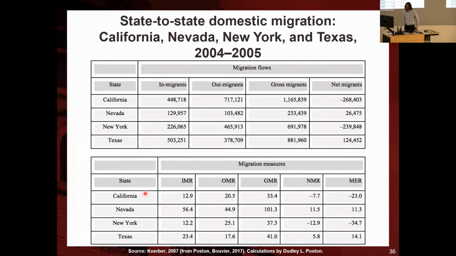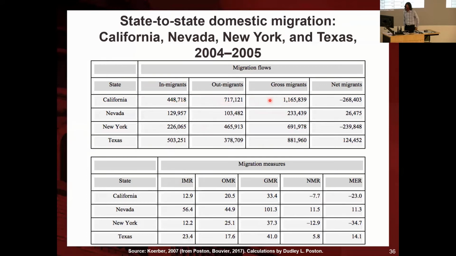So it used data from the 2005 ACS, and then got information about the state where the person lived exactly 1 year ago, in 2004. This is data for California, Nevada, New York, and Texas. This is the overall number of people who entered each one of these states, and who left. This number plus this number is the number of gross migrants.